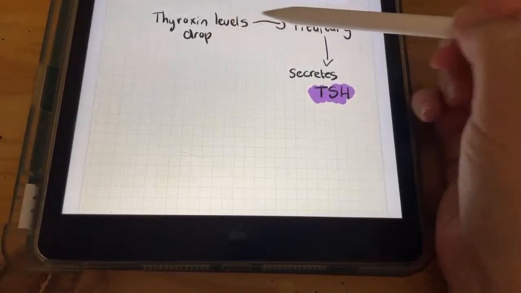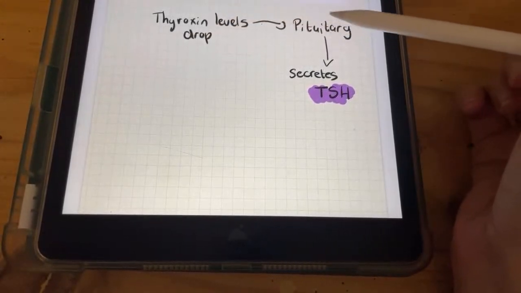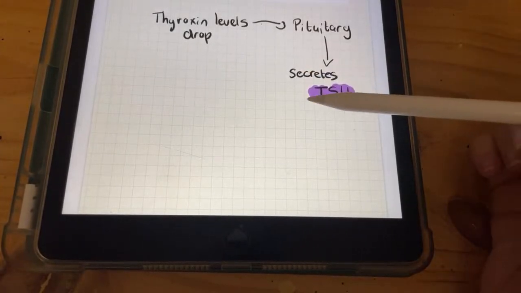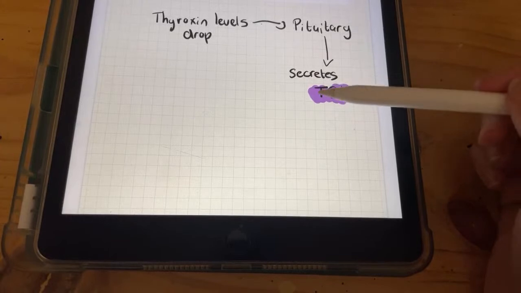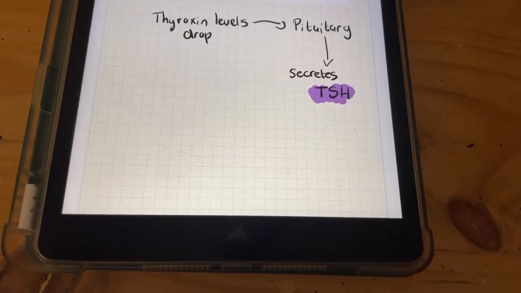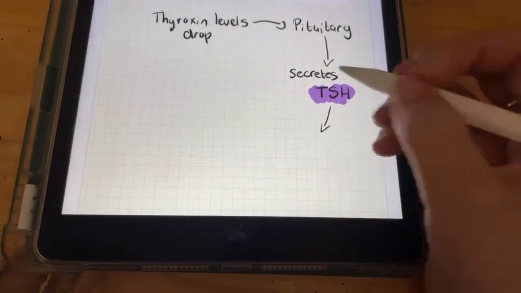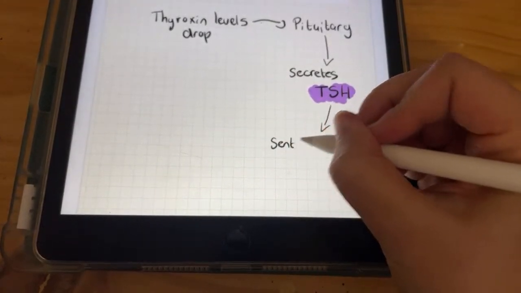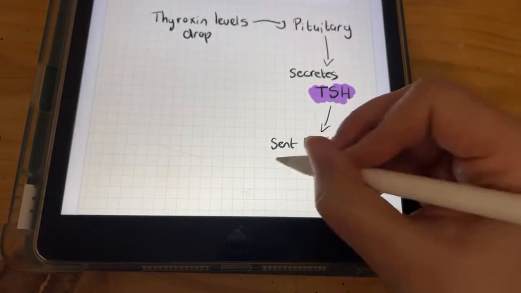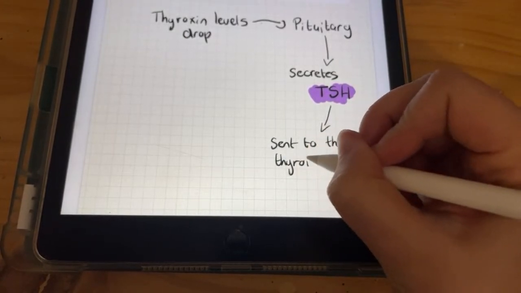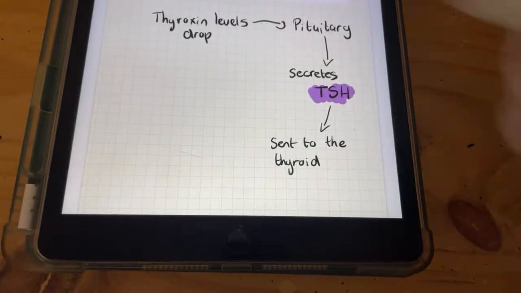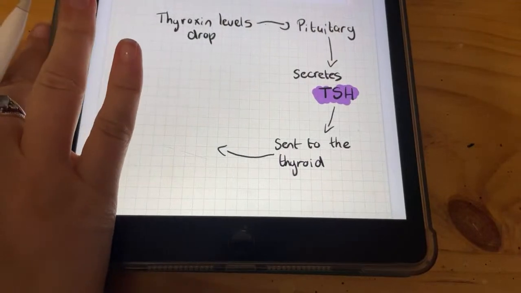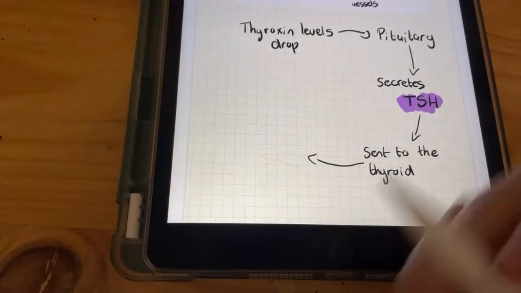So here's the stimulus. It comes into the receptor. The receptor is also the control center, and it makes a decision. I need to secrete more thyroid hormone, so I need to secrete thyroid stimulating hormone. That thyroid stimulating hormone goes off, and it is sent to the thyroid. The thyroid gland is the one that's on your throat, and it is now going to be stimulated via thyroid stimulating hormone.